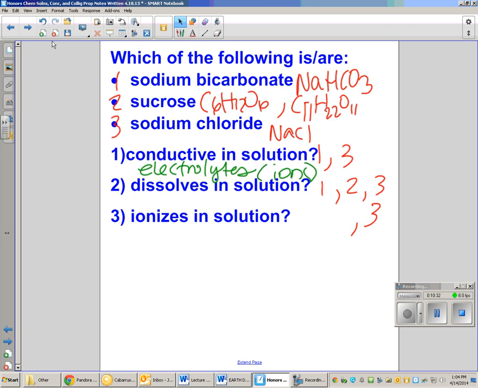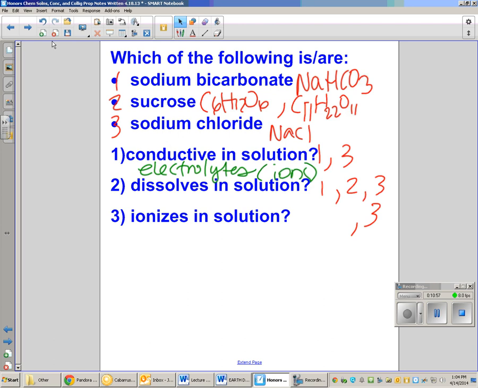Nada. Okay, so you guys know what the difference is between dissolving, ionizing, and conductivity. Ionizing means ionic compounds break apart. But all these dissolve. All of these dissolve in water. The word dissolve is used wrong all the time.